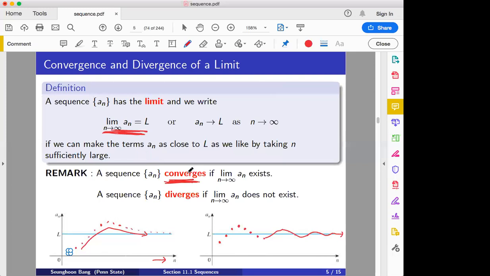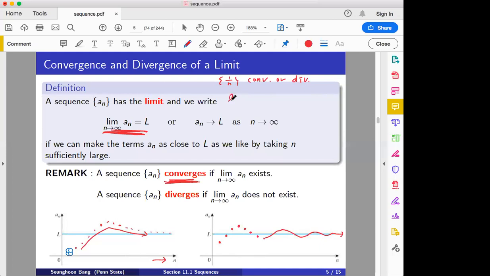That's good. So I want to give one example here. The sequence 1 over n. Does it converge or diverge? What do you think? Diverges.